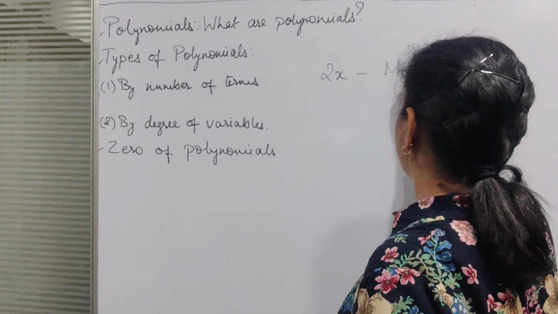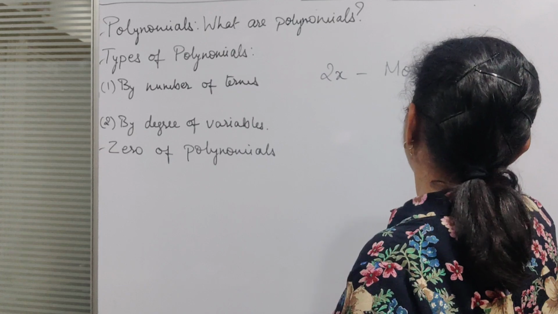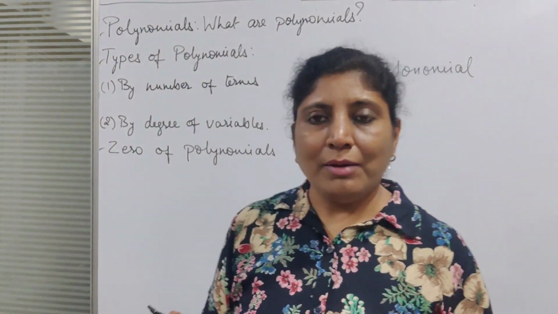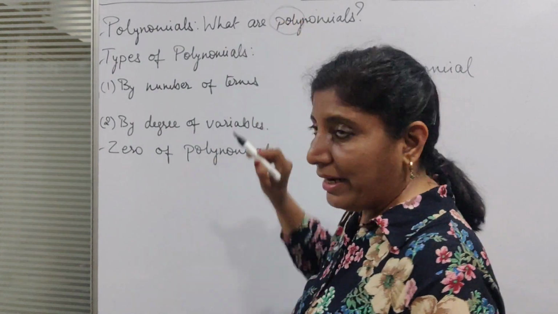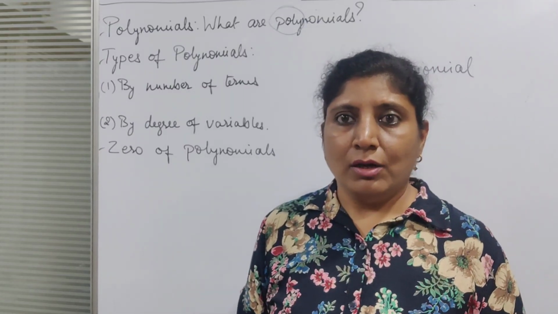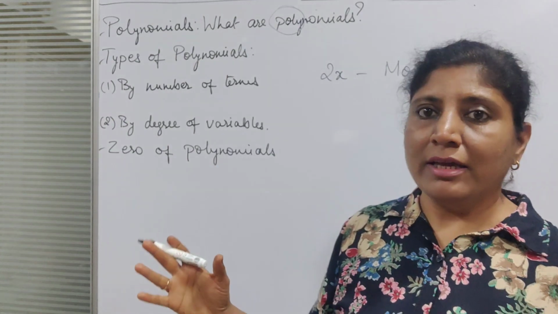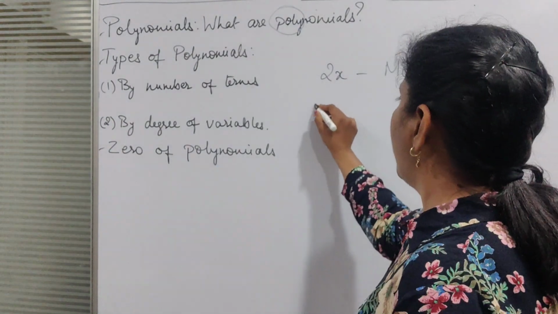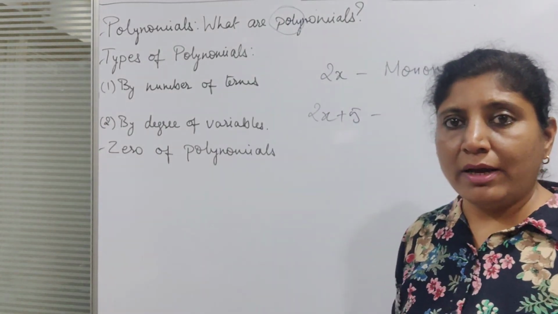But such a polynomial is also known as monomial. हालांकि poly का मतलब होता है many, right? This poly means many and nomials means terms or units. तो देखा जाए तो लॉजिकली एक टर्म वाला मैनी में नहीं गिना जाएगा, तो ये है आपका मोनोमियल। दूसरा अगर आप ले लीजिए 2x plus 5, so how many terms are there?